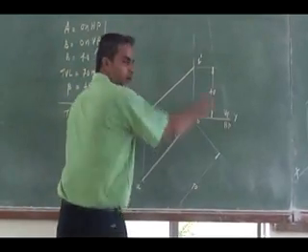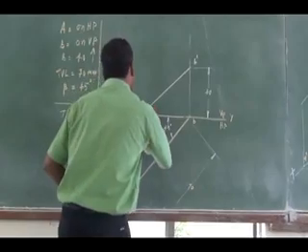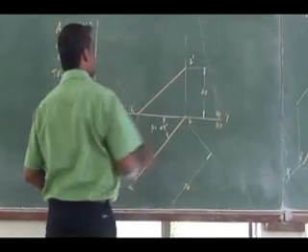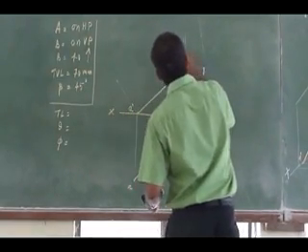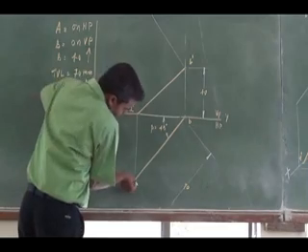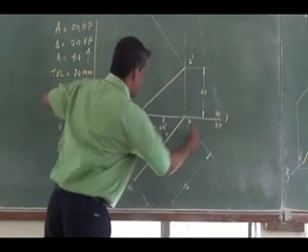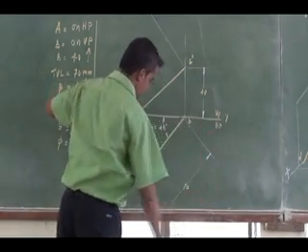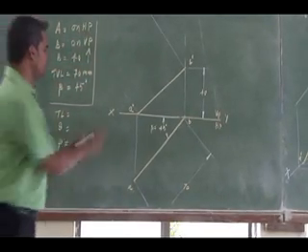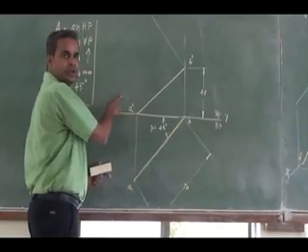So I have to draw perpendiculars to the front view and top view. So perpendicular, you see here, perpendicular. Right, similarly this is my perpendicular. Right. So what is the distance I have to mark from here?